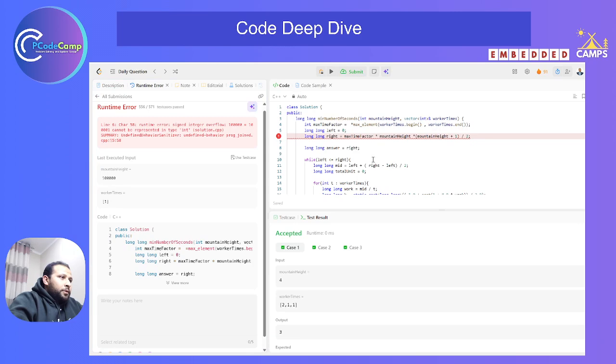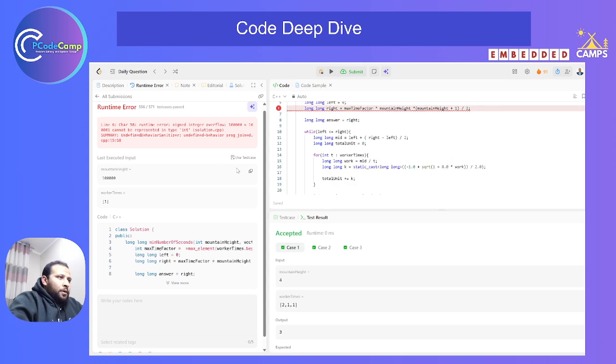Runtime error here. Let me check it. I think the error happens because the calculation for right uses integer values, but the result is too large for an integer, specifically for max time factor multiply and so on.